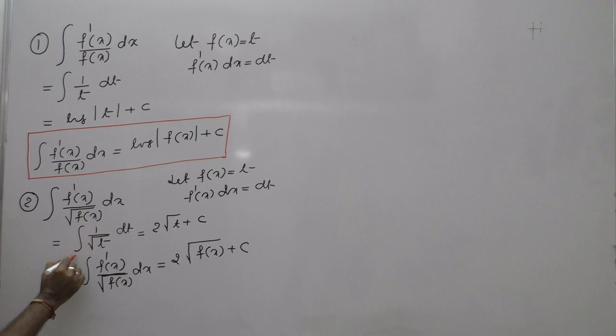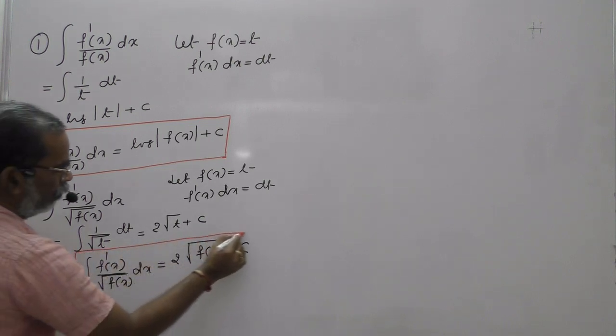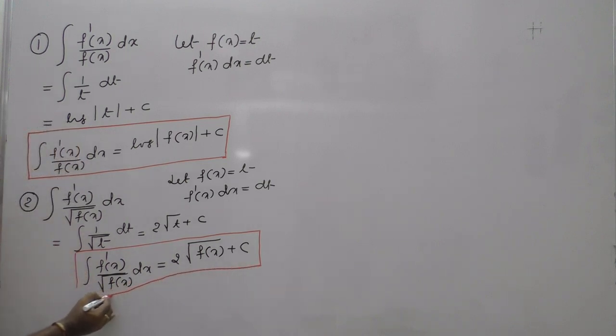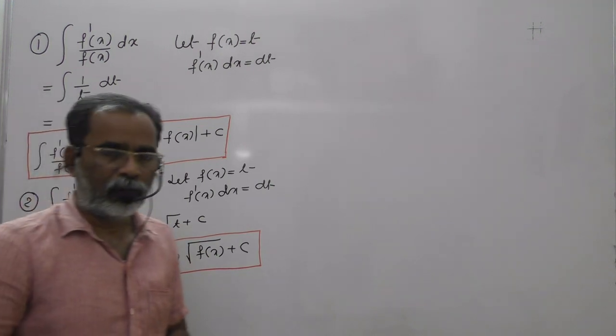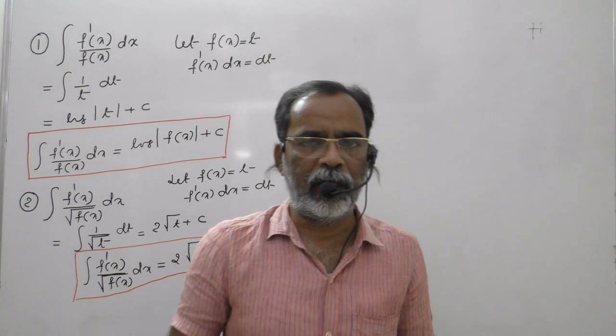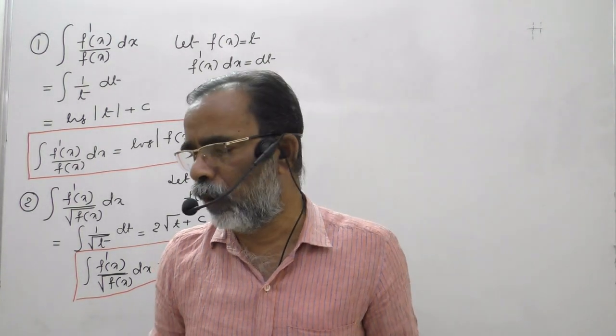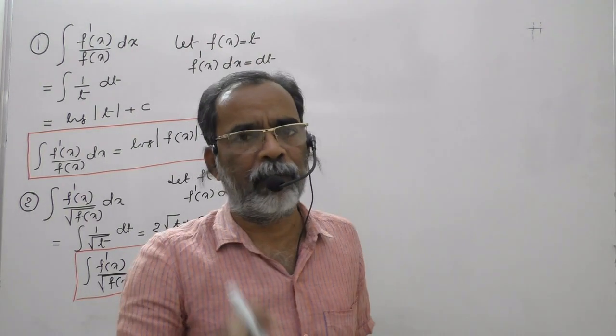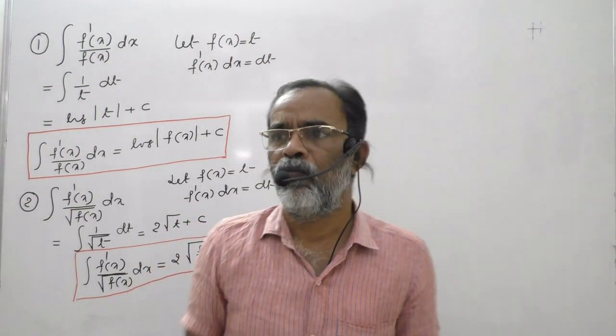This can be taken as another formula. This also came from substitution only. After the 27 basic formulae, these are what we are deriving, and they are all from substitution only.